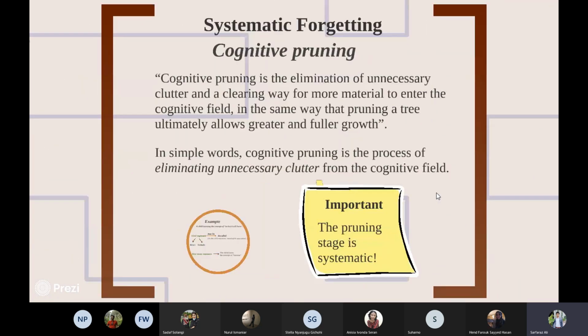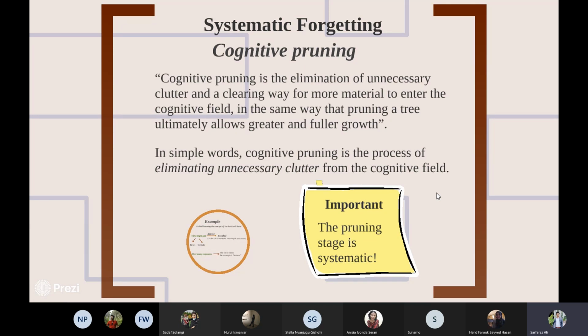In addition to this, there is another term, known as cognitive pruning, which is also given in the same theory. Cognitive pruning is the elimination of unnecessary clutter, clearing a way for more material to enter the cognitive field.